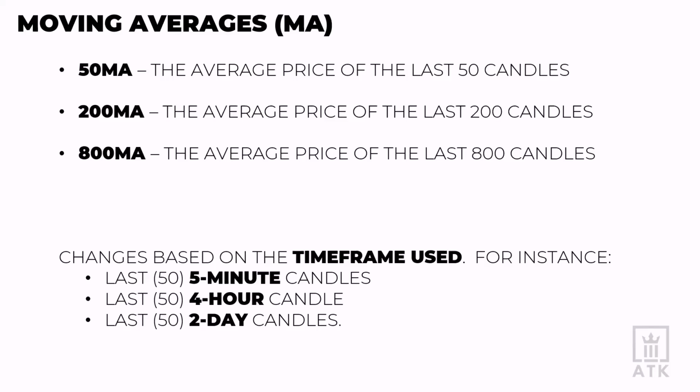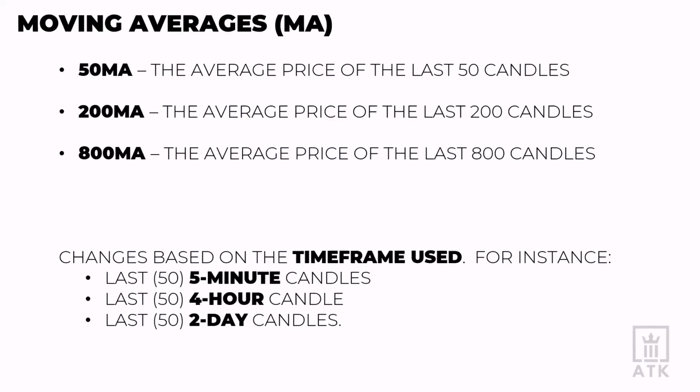So you'll see price usually go around a 50 MA or a 200 MA, or be drawn to an 800 MA on the chart. When you flip through the time frames, you may be on the 5-minute chart, or a 4-hour chart, or a 2-day chart.